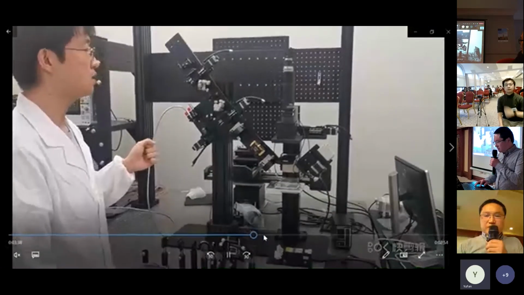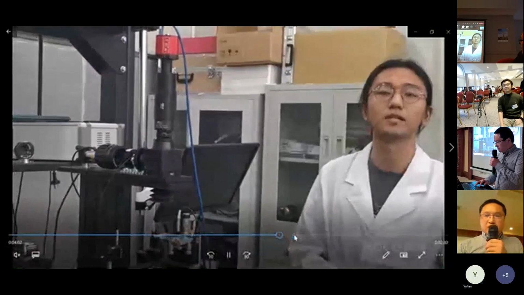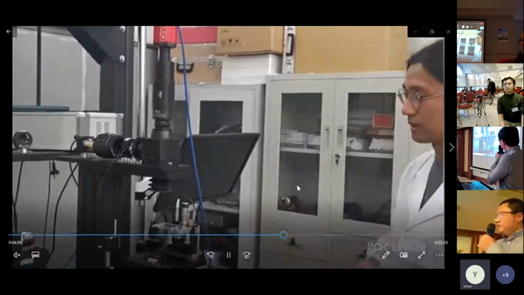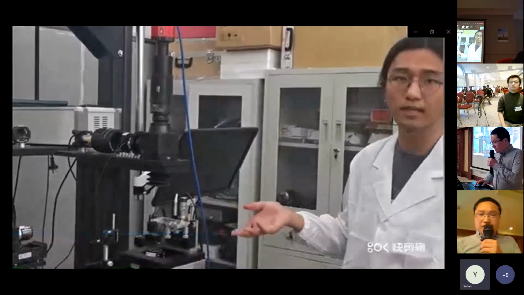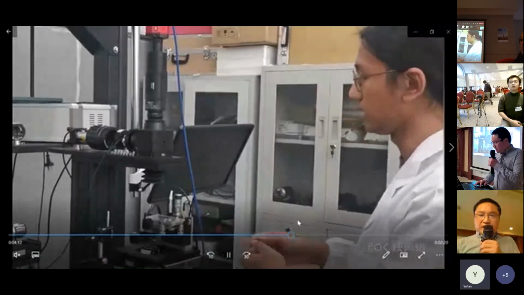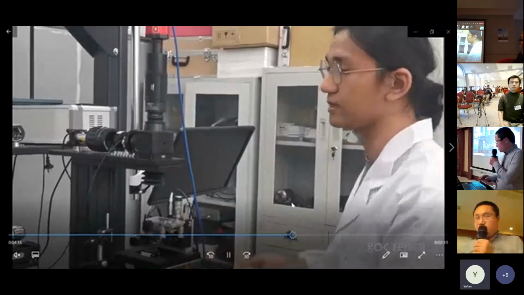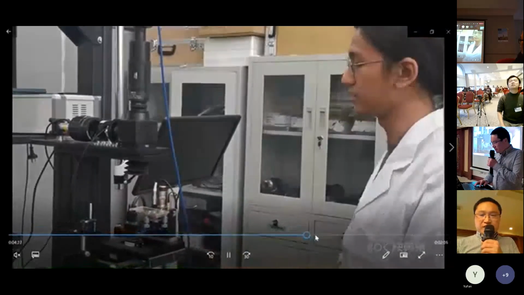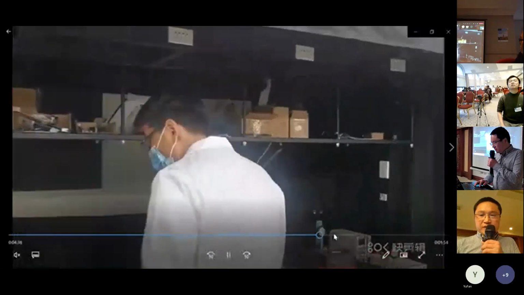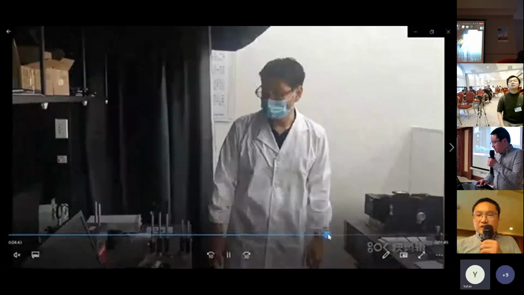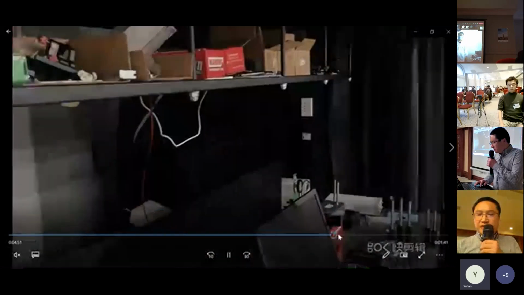Here is our PhD student Gu Kai. Our another PhD student Jin Xiao is introducing our optical super resolution imaging system. This system can also do fluorescent super resolution imaging. Here is another lab, mainly with the terahertz imaging system.